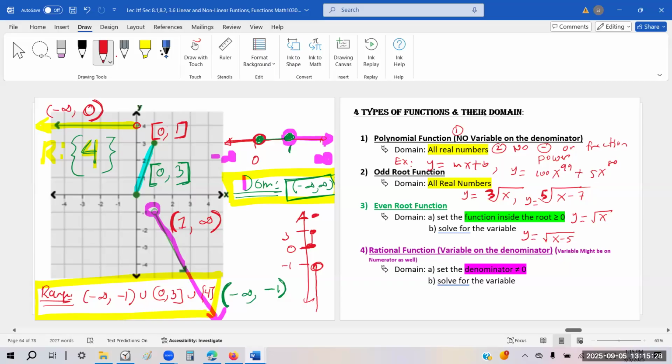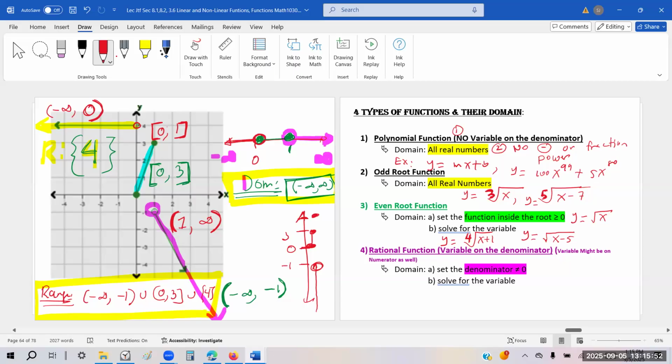Another example could be y equals fourth root of x plus 1. So if these numbers are even, you may wonder, what's the problem? First start with square root. What is square root of 4? 2. How do you know?